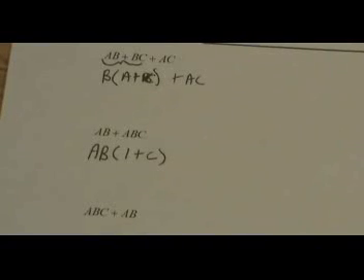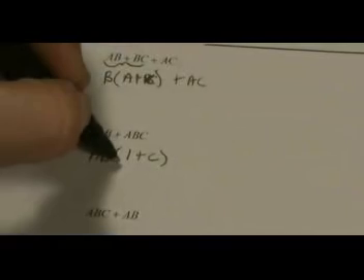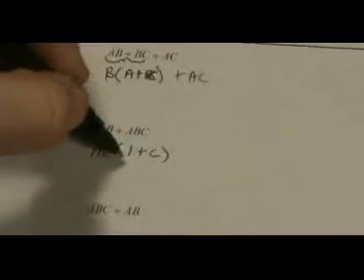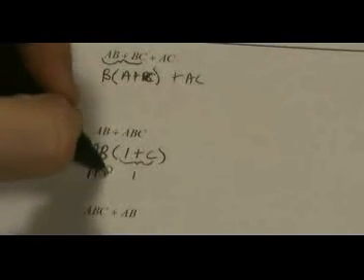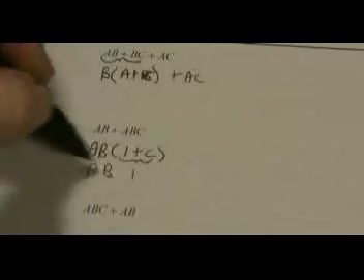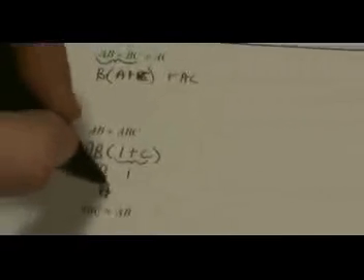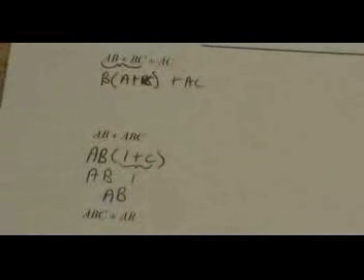Now Boolean algebra has a rule that says any letter plus 1 is always 1. So I can continue to simplify AB times 1. My final answer is AB.